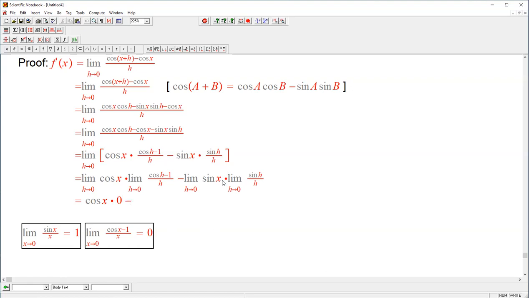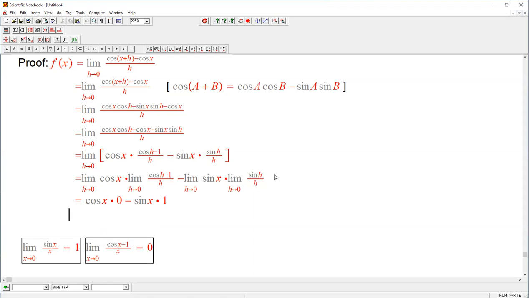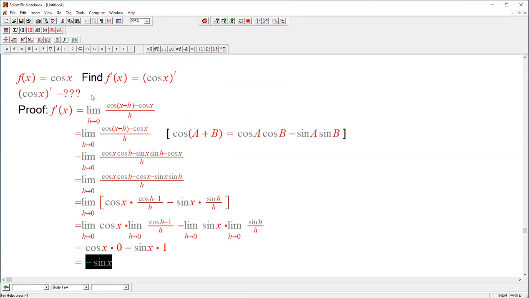Subtracting sine x: the limit of sine x is sine x as h approaches 0, because there's no h in it. And this piece is 1. So in the end, the derivative of cosine is negative sine. So we got the answer.